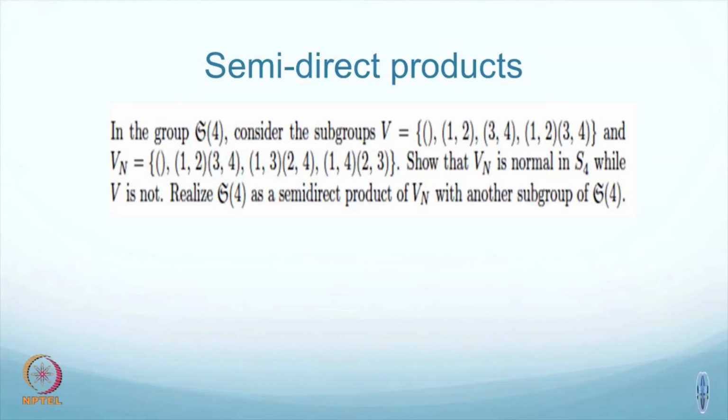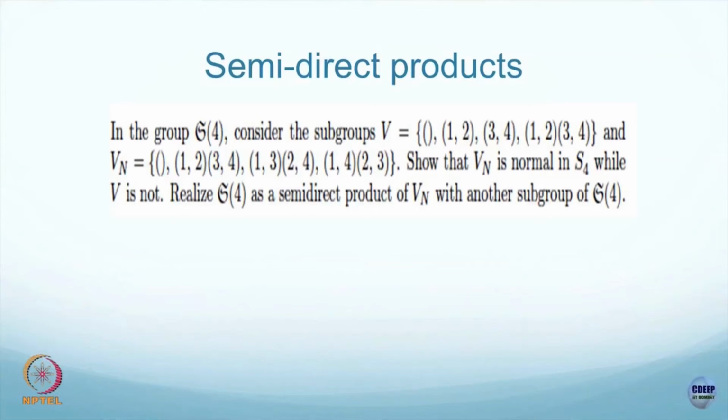So, you have to check, but I am trying to tell you that if you do this, you will find that this is not satisfied, okay. So, which means V is not an invariant subgroup, okay. Is that clear?